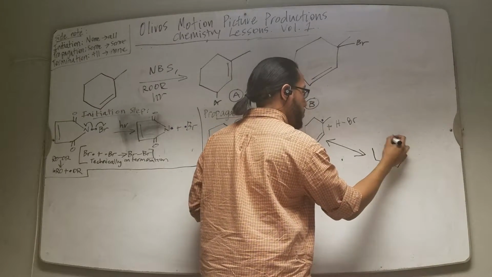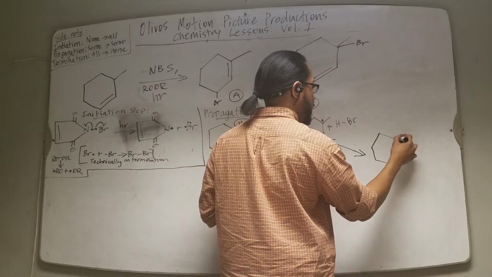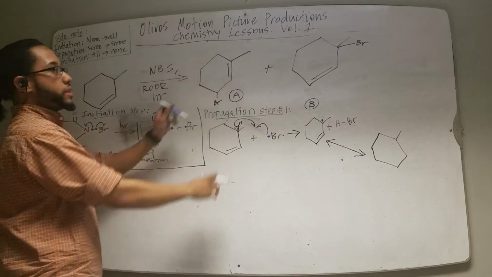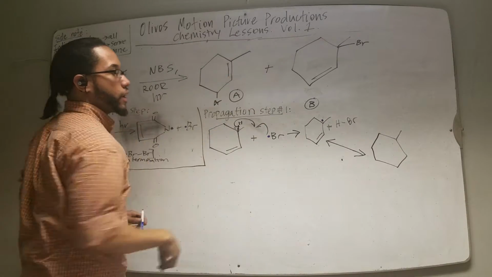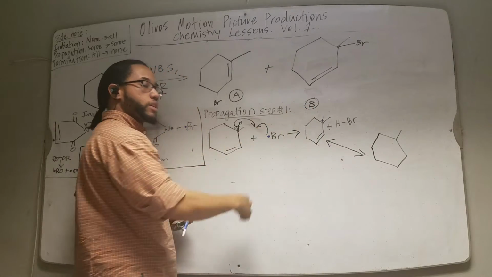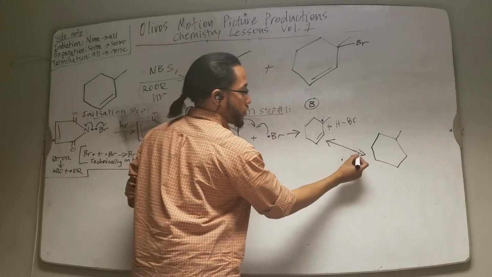You can move it around. But let's just say, for instance, what does this look like? Is this getting close to any of the compounds? Yeah, it's looking like compound B up there. You're just going to add the bromine in a step coming up. But right now, you're showing the resonance.